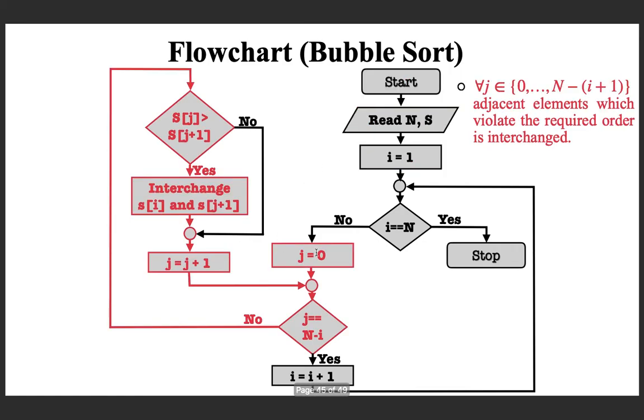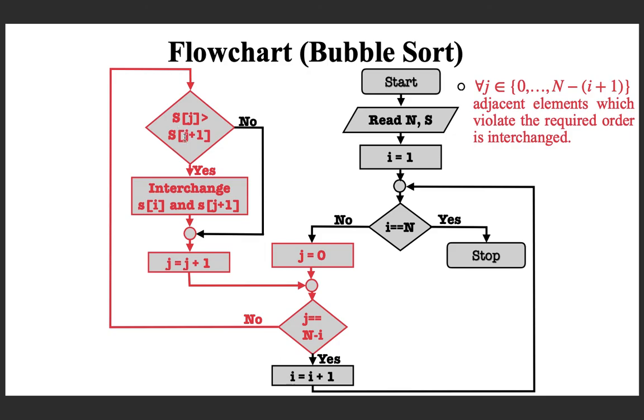Then within each round, you know that for all index values j, from 0 to n minus i, where i is the round number, we consider the adjacent elements at j and j plus 1. If their order is not in the required manner, interchange. So you are checking whether the element at the first index is greater than the element at the next index.